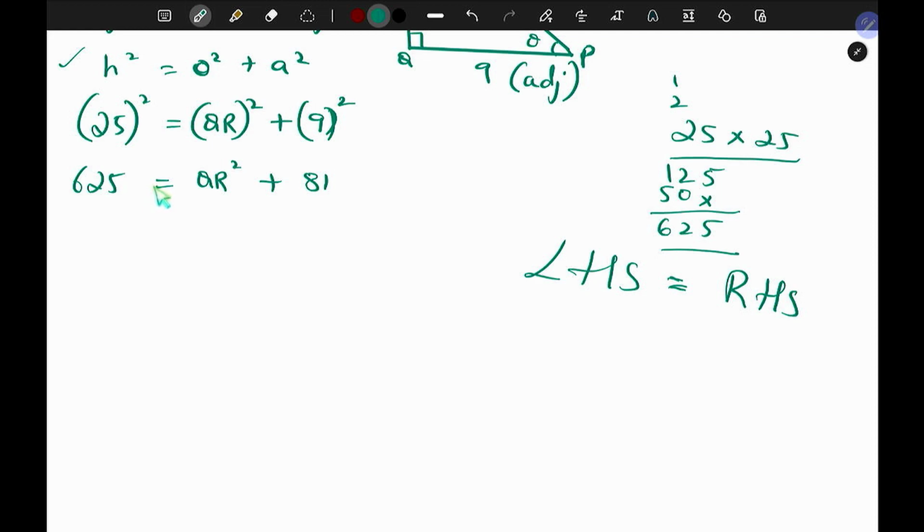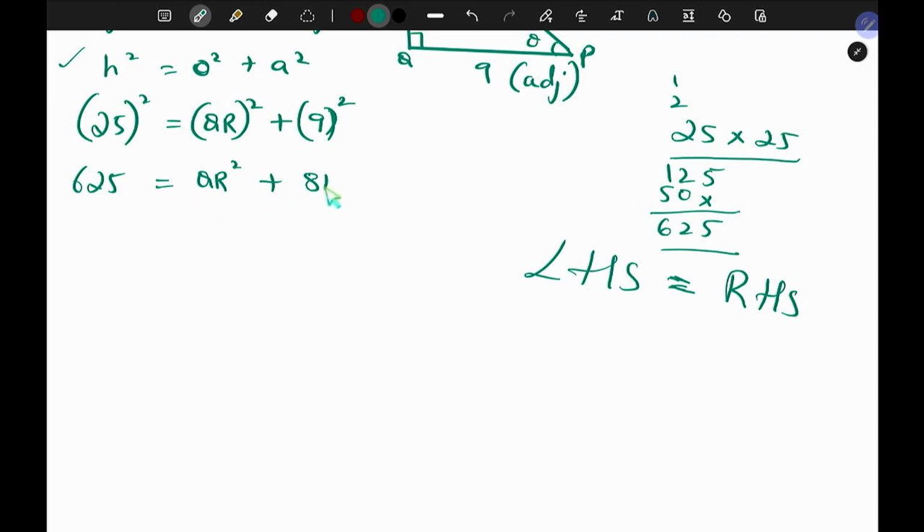The side to the left of the equals is the left hand side, and the side towards the right of the equals is the right hand side. Simple mathematics. So back to this: QR square plus 81, and you need to find the value of QR, which is on the right hand side.